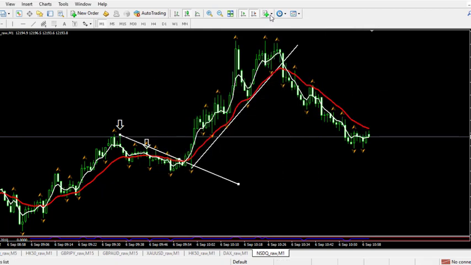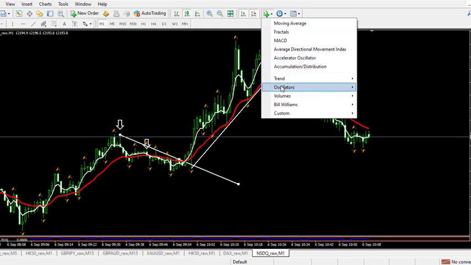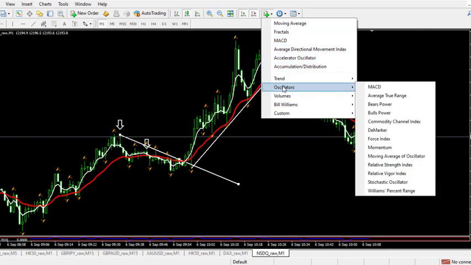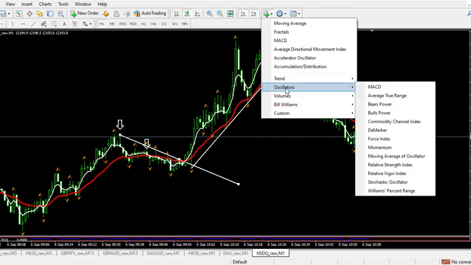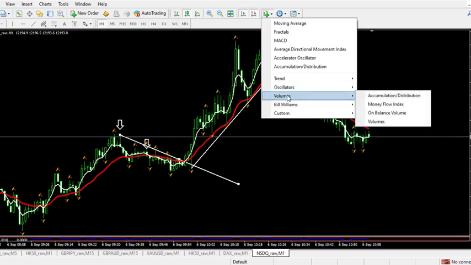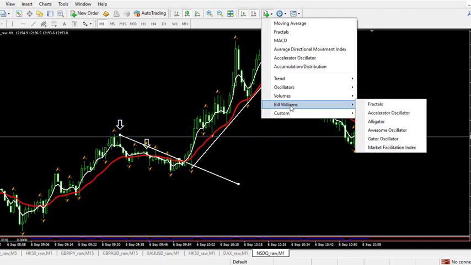Then the second one, again the fractal, just check under trend. It is not under trend. This is how to get it. Just look under oscillator. Is it under oscillator? We do not see it there. Also under volume, it is not there.